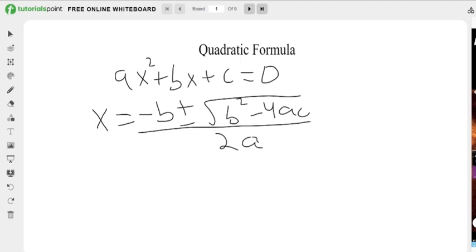Whatever equation you are given, if it's in the format ax squared plus bx plus c is equal to 0, you can use this formula to find the x value that will make the whole equation 0. That's the main goal of the quadratic formula, and it makes your calculations go by faster.